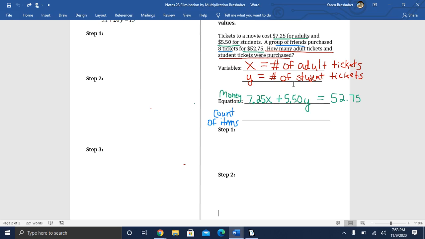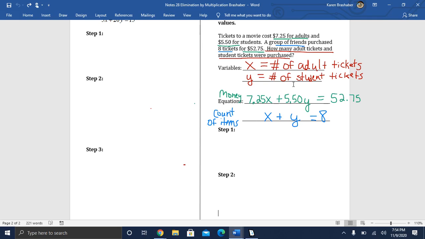Some of the tickets were adult, some were student, but there were 8 total. Now, if you're just counting the tickets, the cost is irrelevant. So we won't need to include the money with this. We'll just say some adult tickets plus some student tickets totaled up to equal 8 tickets. All right, so these are your 2 equations.